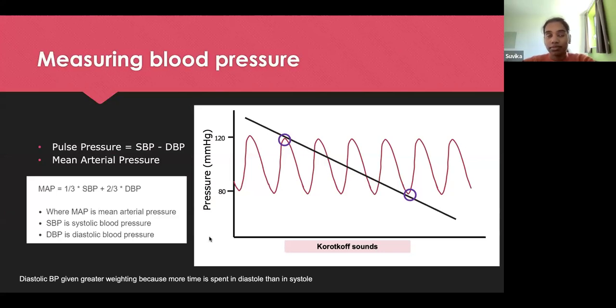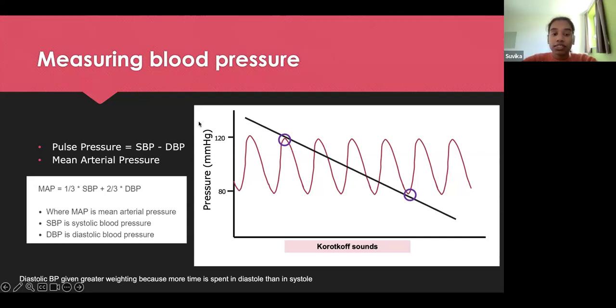You can do it with your manual one or the automatic one, but essentially how it is measured is we listen to the flow of blood in the arm, and we're trying to see at what point or what pressure value do the sounds, which are called Korotkoff sounds, disappear, or reappear. These sounds are produced when you've got the flow of blood going through the vessel. So if you occlude the vessel, you won't hear it, and when you reopen the vessel, you should hear it.